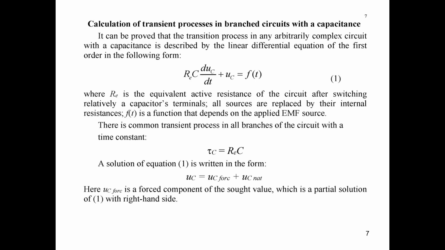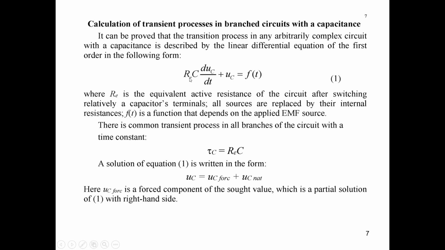If no EMF or current source is applied after commutation to the considered schematic, this F of t will be equal to 0. If a DC EMF is connected, it will be of DC type, and if it is AC, it will be of AC type.